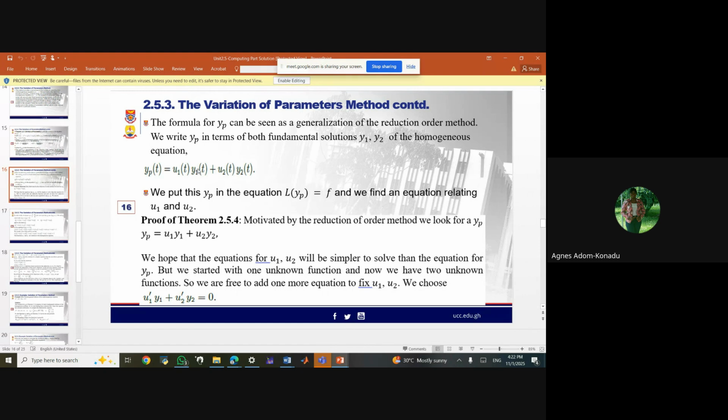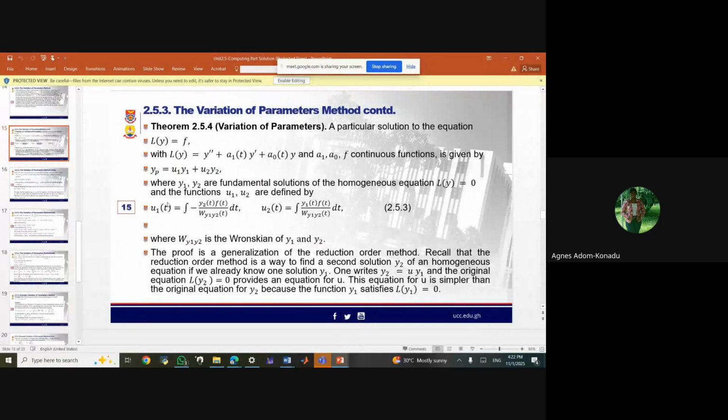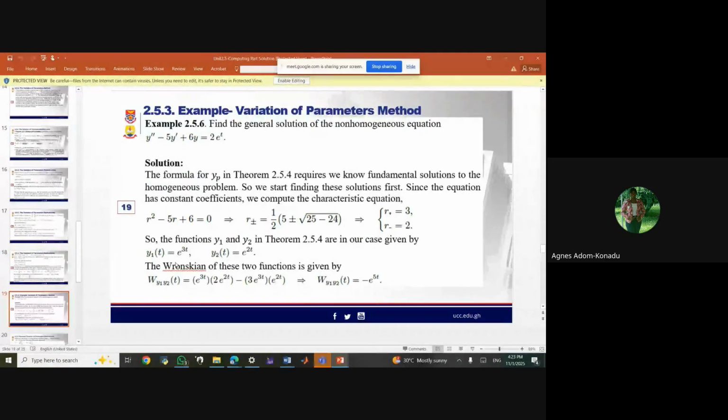I have to find u1 and u2, and they are given by negative y2 over the Wronskian times f, and y1 times f over the Wronskian. So we have to find them, which means that we'll need the Wronskian.